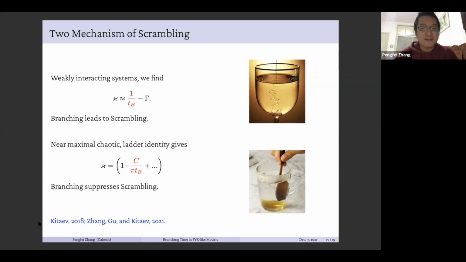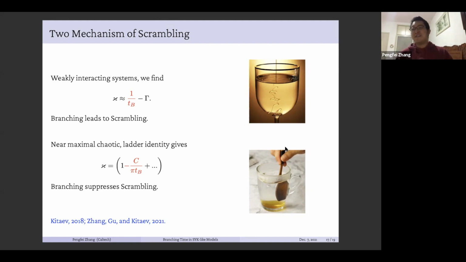In an early talk by Alexei in 2018 at KITP, there is a very interesting analogy with having breakfast. Sometimes we want to mix honey and water, and sometimes we want to relax ourselves, we just put honey into water. And then they will mix, but basically due to some dissipative process, like the diffusion process, where the molecules of the honey will diffuse into the molecules of water.